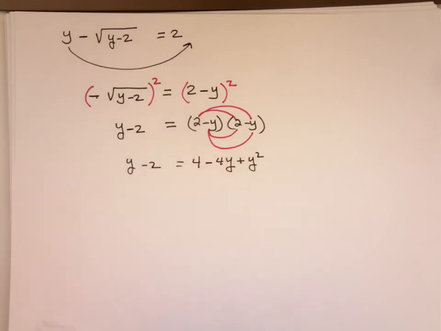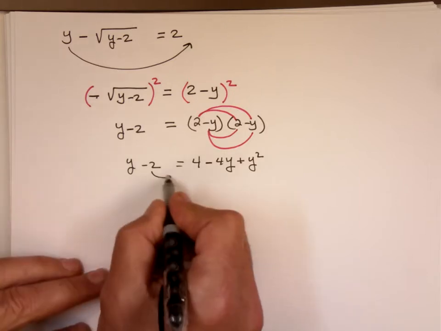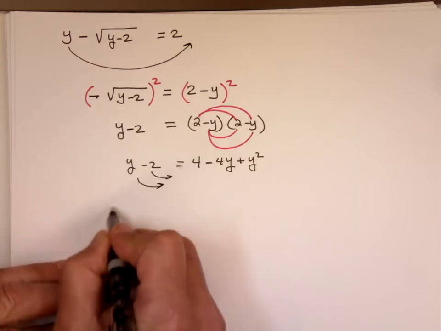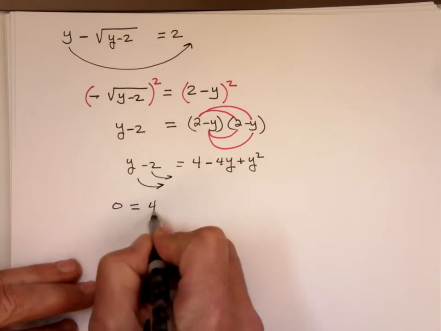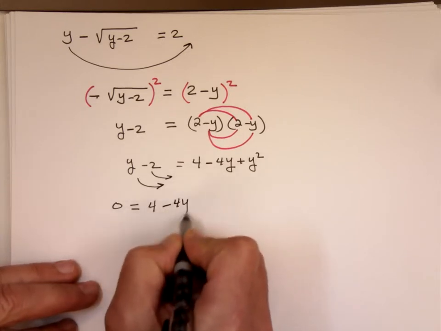Now what we have is a quadratic equation. You move everything to one side and you're trying to solve it. So if I move everything to one side, I'll have 0 equals 4 minus 4y plus y squared.